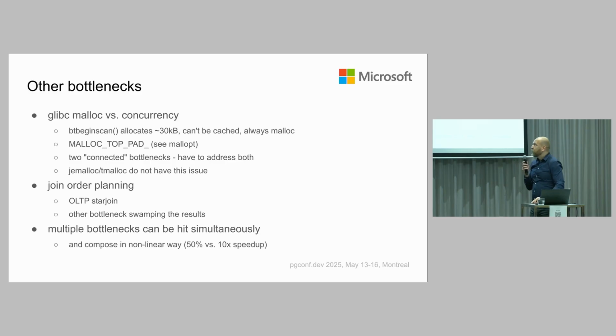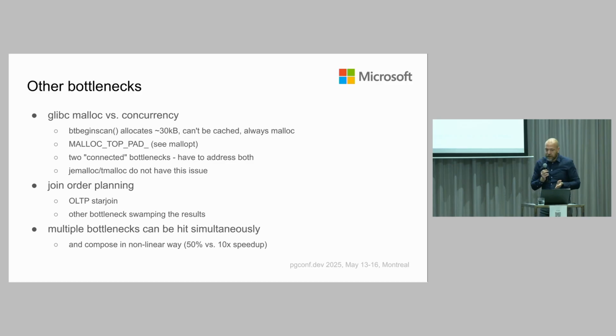And in this case, glibc has a problem with allocating and deallocating memory very often, which we do here because that's what the index scans do internally. And you can fix that in this case by setting an environment variable, which changes the behavior of the glibc allocator to make this more efficient.